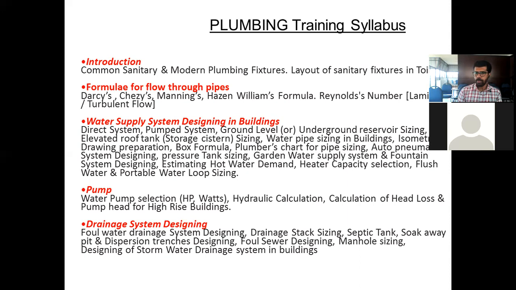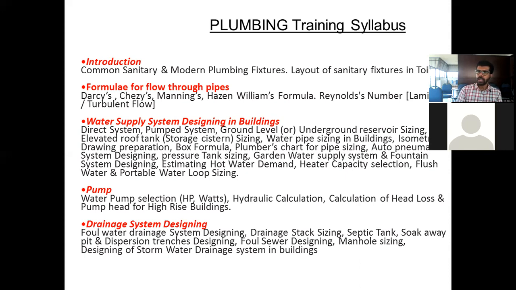How many people are there, and we'll look at the NBC National Building Code chart, and we'll find out how much water one person consumes per day, and with respect to that, we'll be calculating the overhead tank. And the underground tank will be calculated according to the overhead tank sizing. Okay, we'll be studying it.